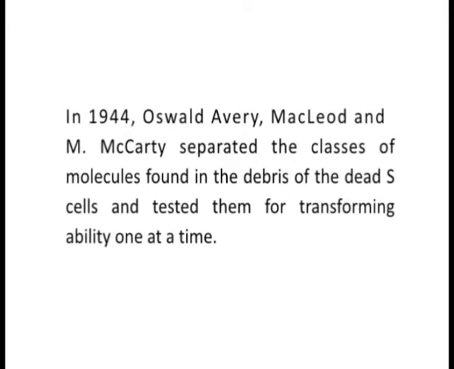In another experiment in 1944, Oswald Avery, MacLeod, and McCarty separated the classes of molecules found in the debris of the dead S cells and tested them for transforming ability one at a time.